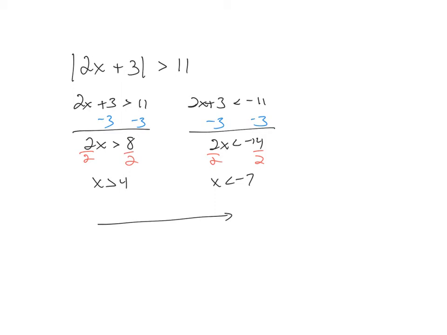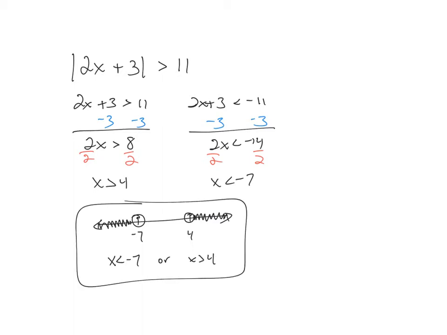So when I put my numbers on the number line, greater than 4, less than negative 7, so they go in opposite directions. That means it's an OR problem. So I just write it out.